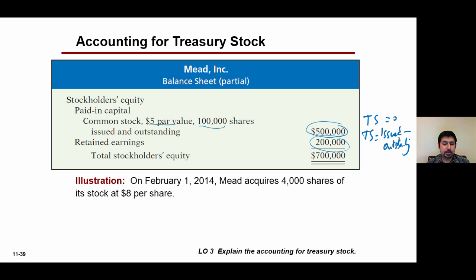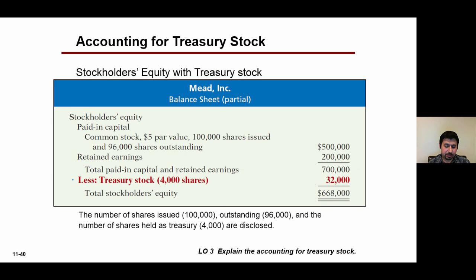The company is basically buying 4,000 shares at $8. So the company will debit treasury stock 4,000 multiplied by 8, 32,000, and the company will credit cash 32,000. This is again based on the price paid, not par value.